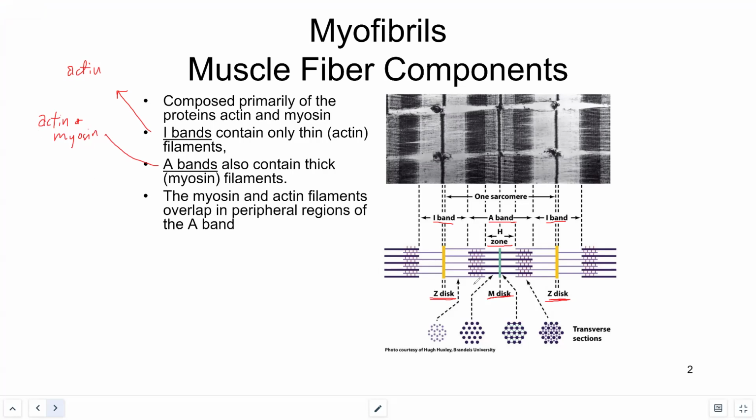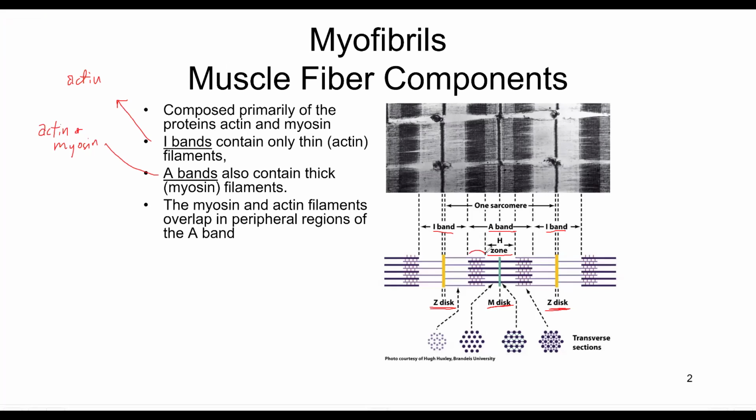If we take this depiction, this region right here, myosin and actin filaments are going to overlap in the peripheral regions of the A band. So this that I've just circled is actin and myosin. This A band covers from here all the way to here.